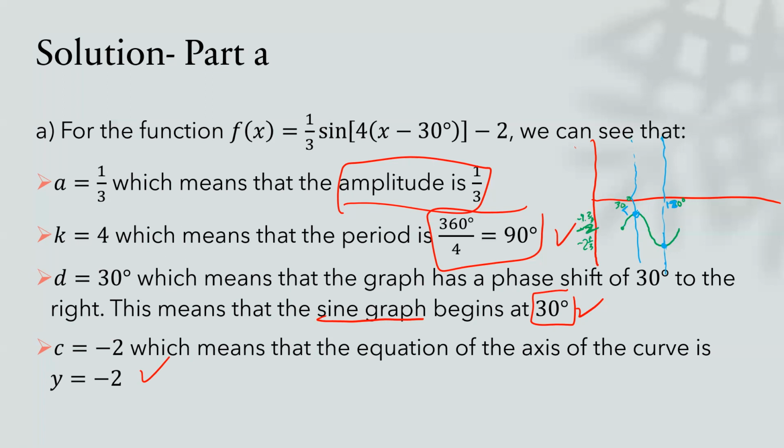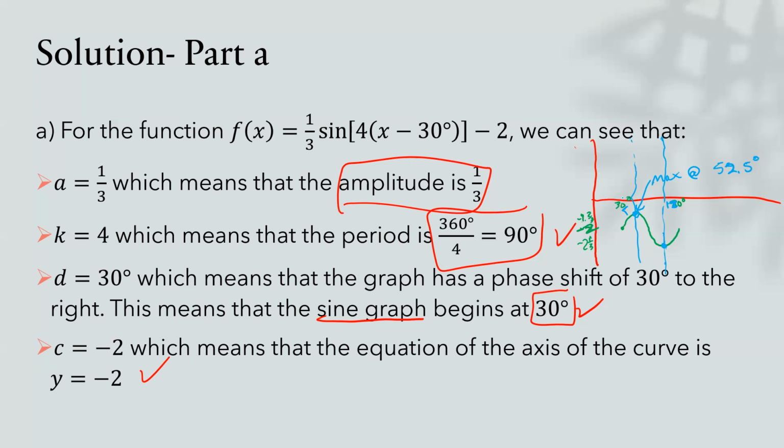So then you think to yourself, okay, what's 1/4 of 90 degrees? Well, 1/4 of 90 degrees would be 22.5. So that means that your maximum would be at 30 degrees plus 22.5, which would be at 52.5 degrees, right?